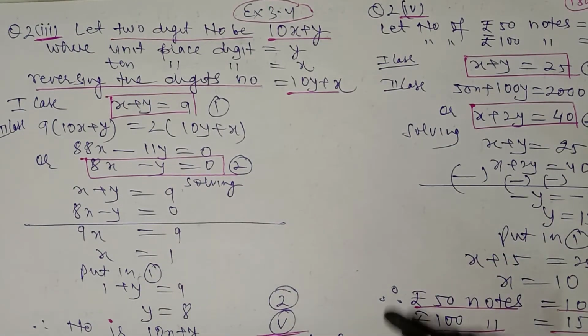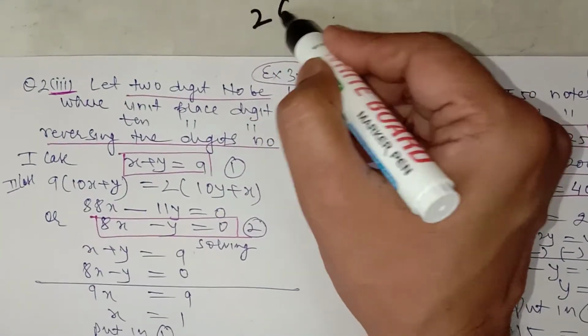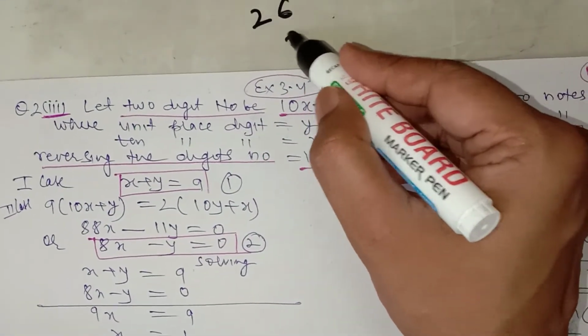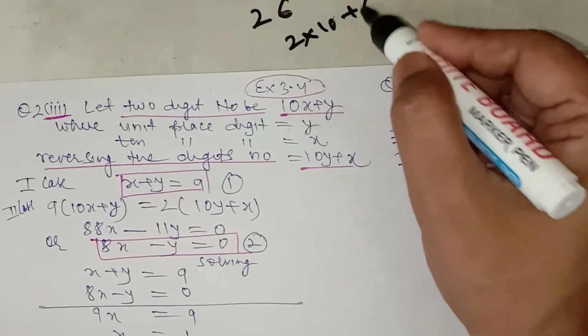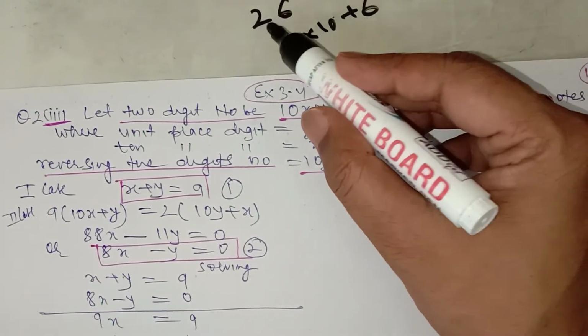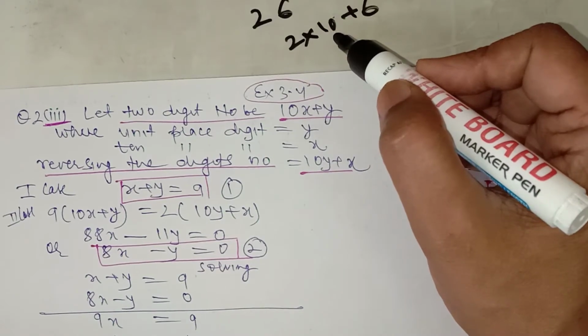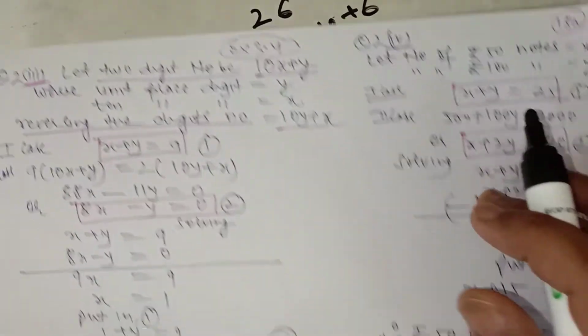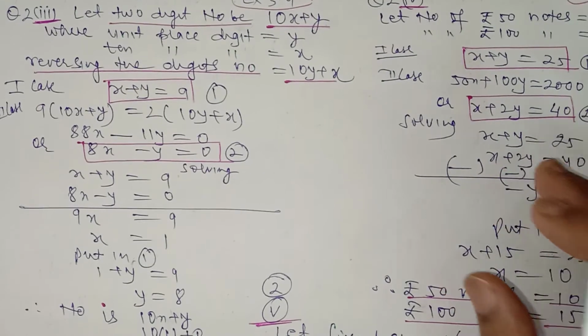Because, suppose we have the number 26. So how do you have to write it? You have to write it 2 into 10 plus 6. That is, whenever you have a 2-digit number, the tens place digit is multiplied by 10 and added to the unit place digit. So let the 2-digit number be 10x plus y.